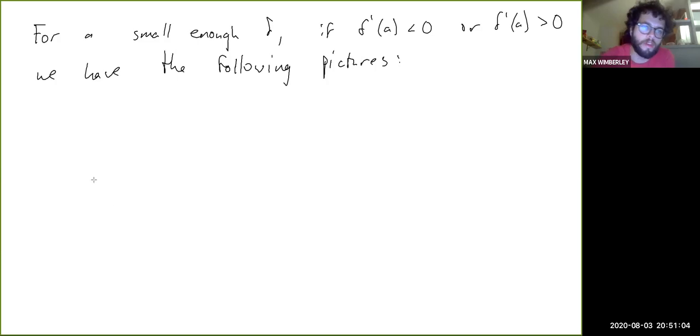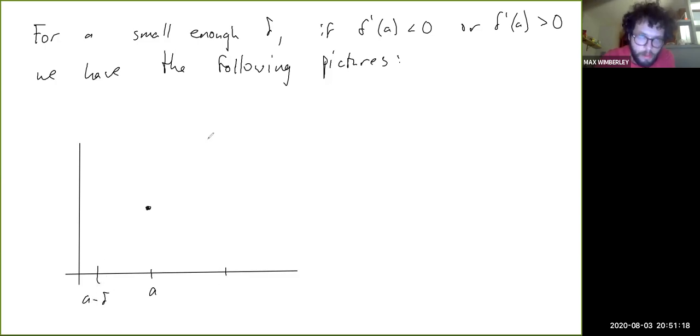When f prime of a is less than 0, let's say this is a, and this is a minus delta, and this is a plus delta, some suitably chosen delta.